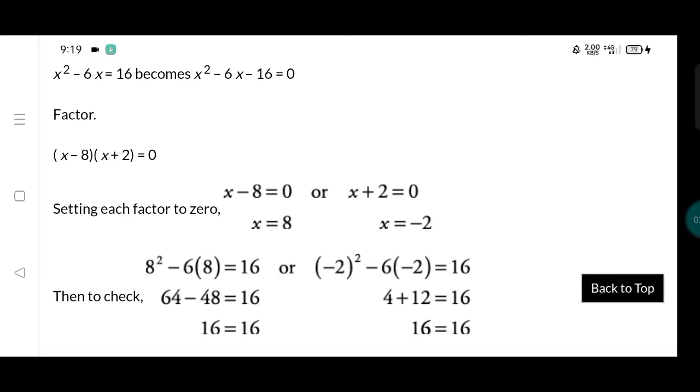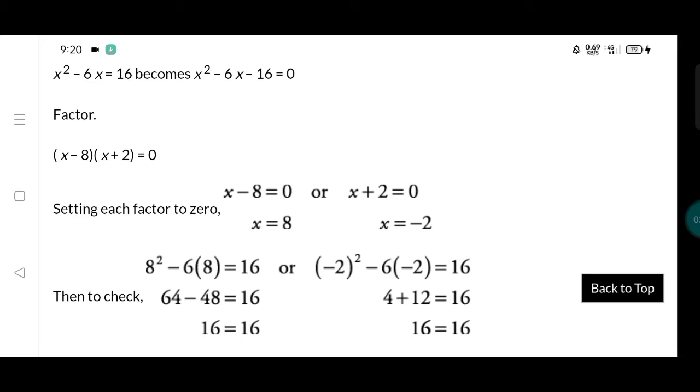8 squared minus 6 times 8 equals 16. 64 minus 6 times 8, which is 48, equals 16. So 16 is equal to 16, so it's correct. Then the second solution is x equal to negative 2.